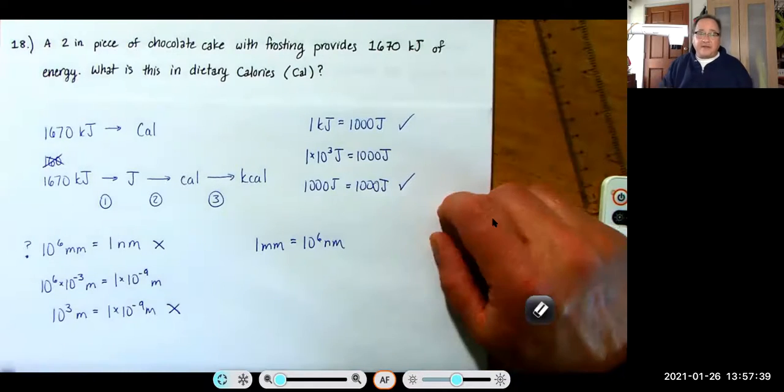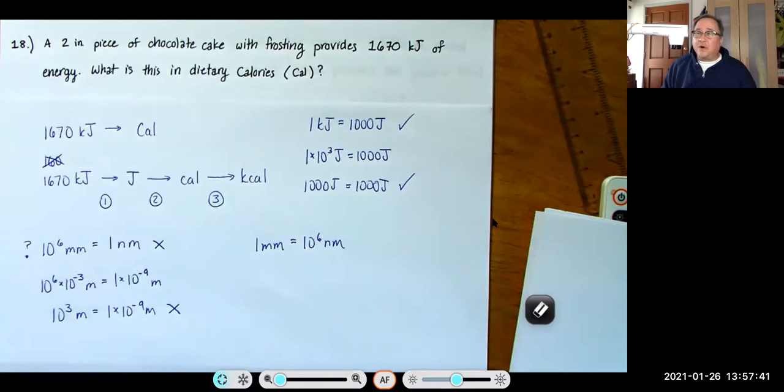When you're done, give me a thumbs up or a no or a yes. When you're done with this problem, I'm looking for 2 or more responses before I move on.